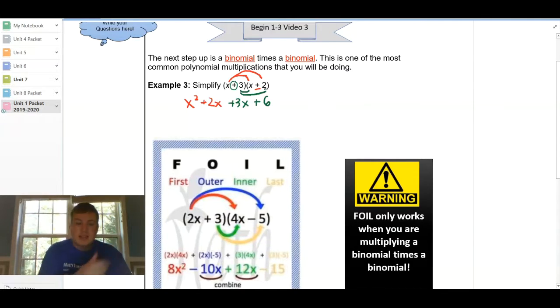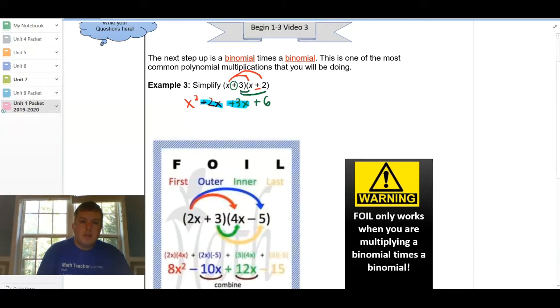So as I mentioned in the last video, before you go ahead and circle your answer as complete and done, you want to make sure that you have combined any like terms. If you look at this problem, I actually have a 2x and I have a 3x. Those both have the same variable and the same exponent. So we need to go ahead and combine those, just like we did when we were combining like terms in our addition video.